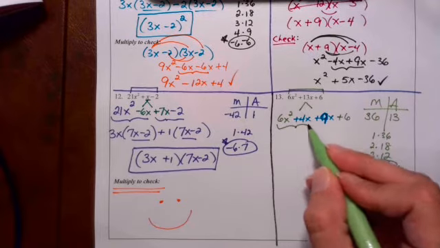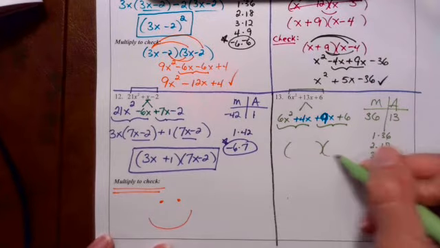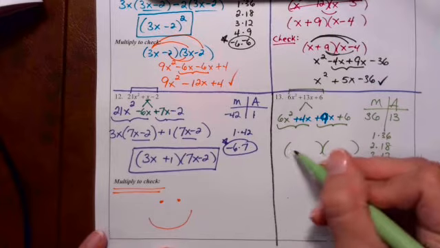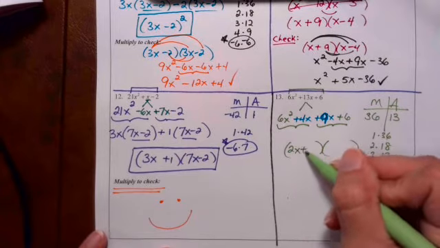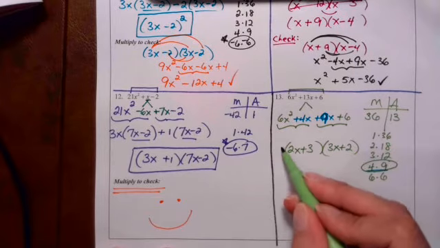Okay, go ahead and factor by grouping, and let me know what you got. Survey says 2x plus 3 and 3x plus 2.